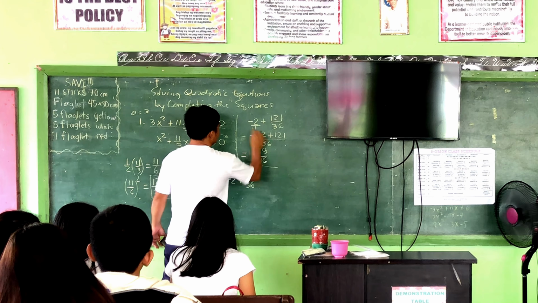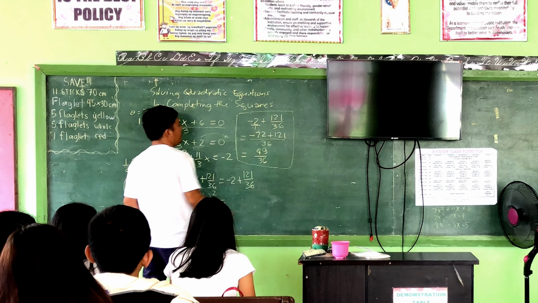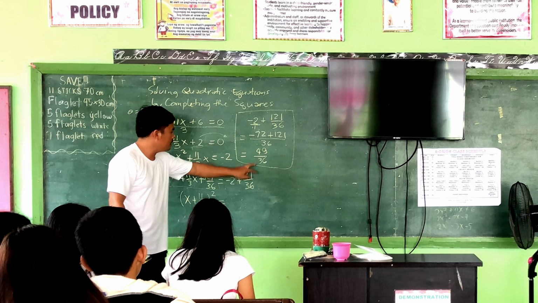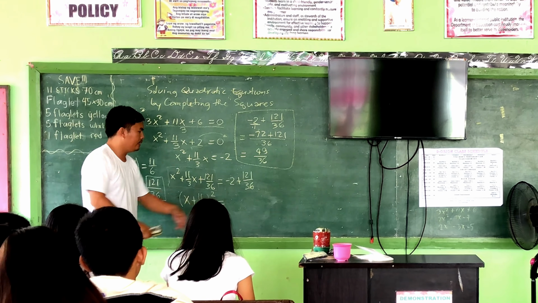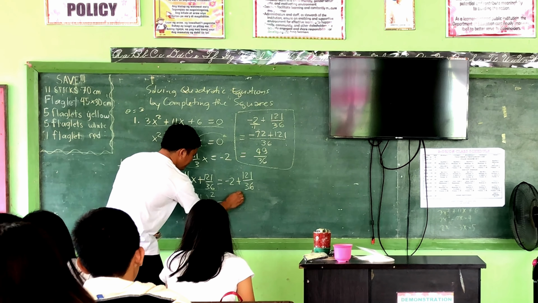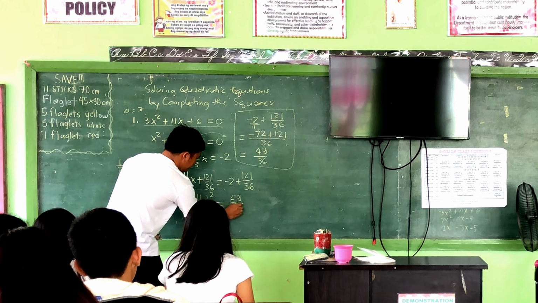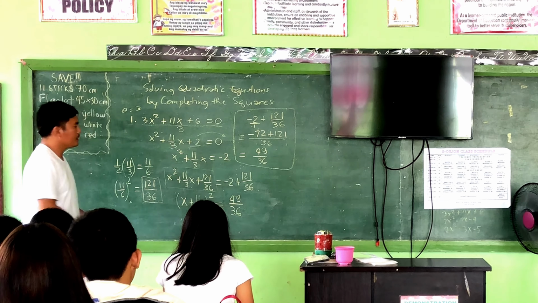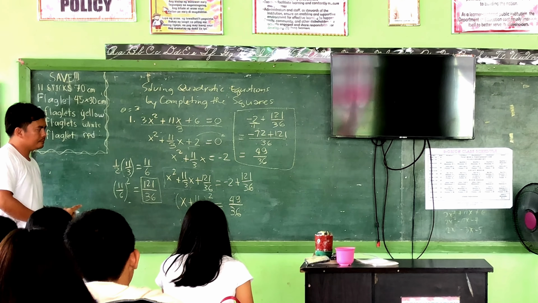So, negative 2 plus 121 over 36 is equivalent to 49 over 36. So, equals 49 over 36. What's next?